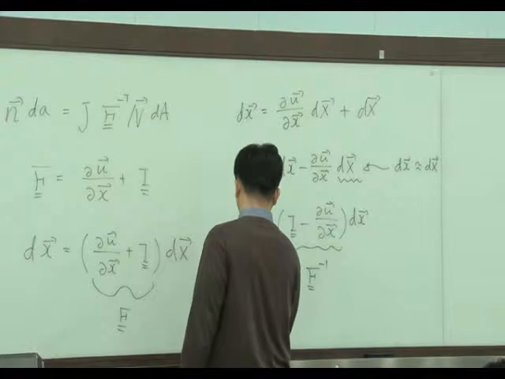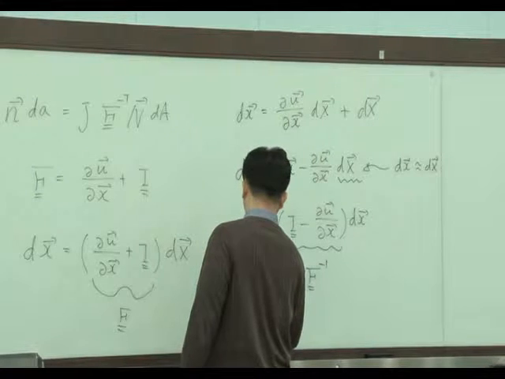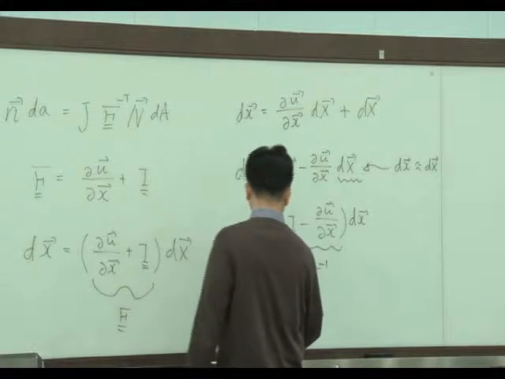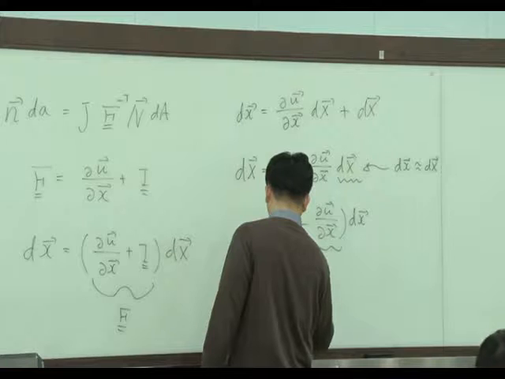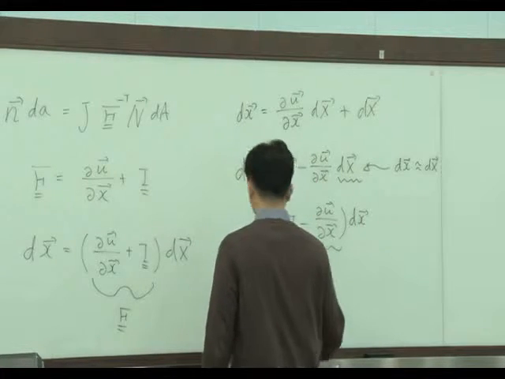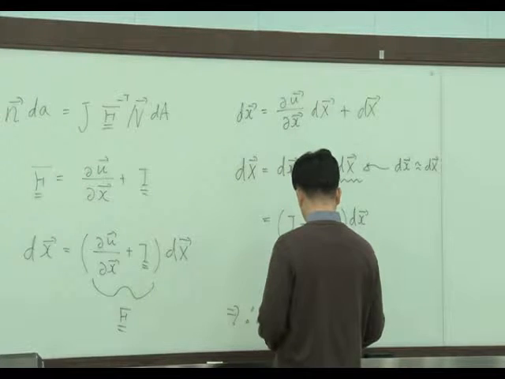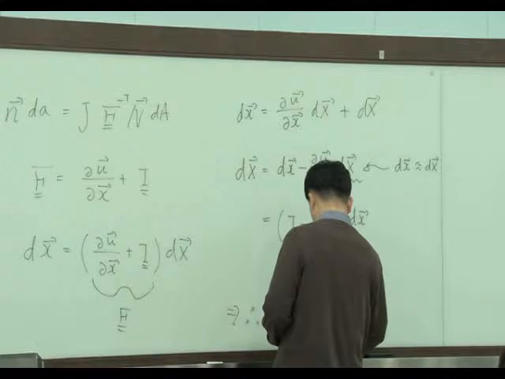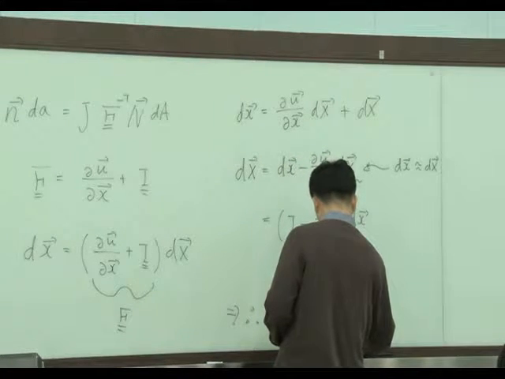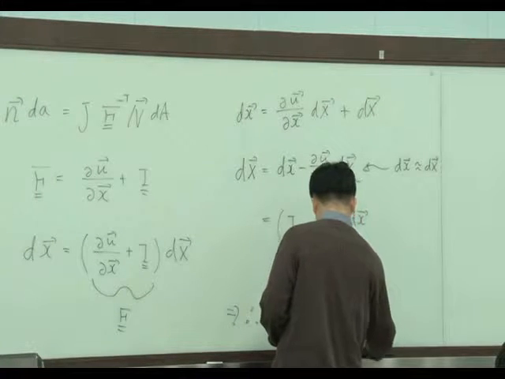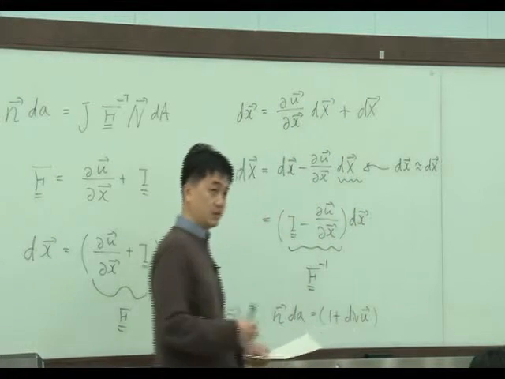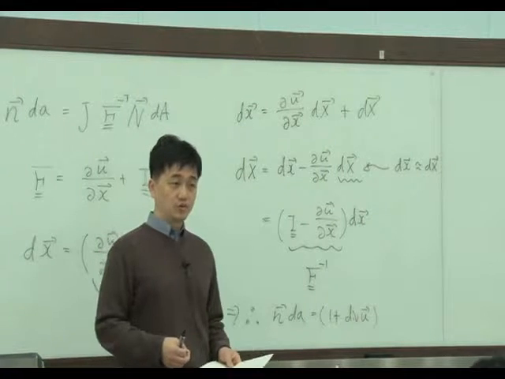So finally, in small deformation theory, n dA equals the determinant of the Jacobian, which becomes 1 plus divergence of U. Okay? The determinant of the Jacobian was the volume change.